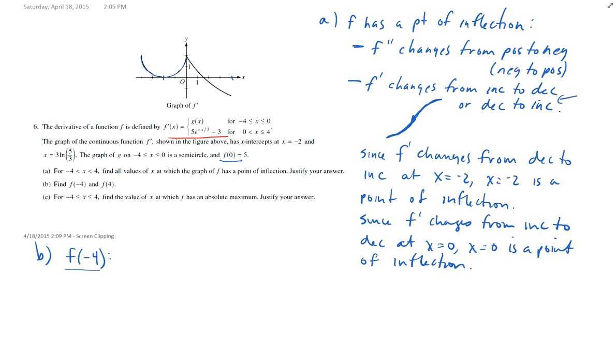f of -4. Since we know something about f prime, and I know something about -4, this kind of needs to tip you off to something about the fundamental theorem of calculus, where I know that the integral from -4 to 0 of f prime of x is f of -4 minus f of 0.